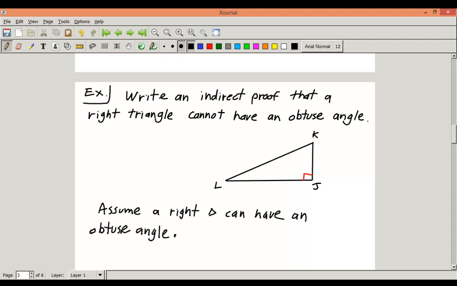And so the only flaw in our argument there was our original assumption. We assumed that a triangle can have an obtuse angle. We went with that. We showed that that contradicted something we already knew to be true. And so our assumption is false. So we would say in our proof, I didn't write everything, but our assumption is false.